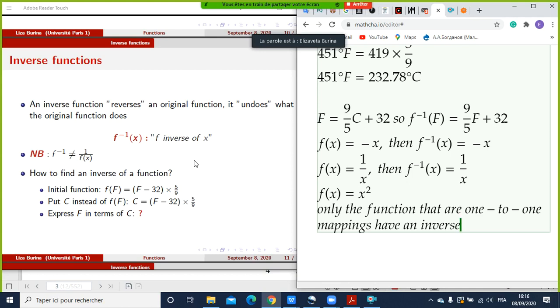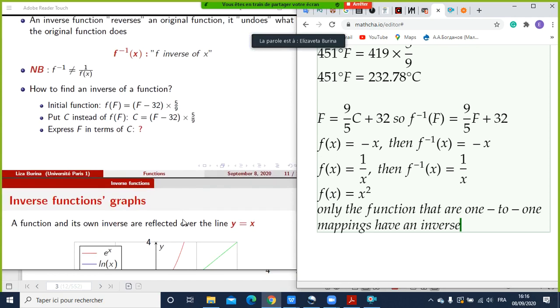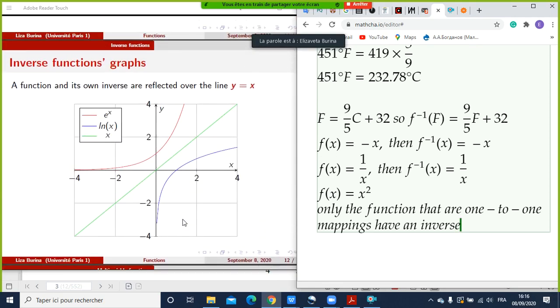So you have to know how to find inverses, understand that not every function has one, and that some functions are their own inverses. Okay, cool.